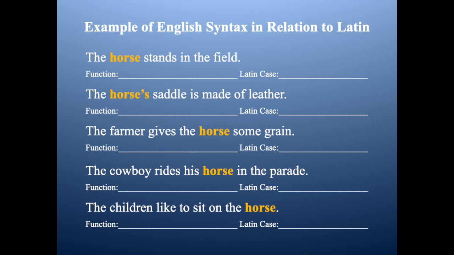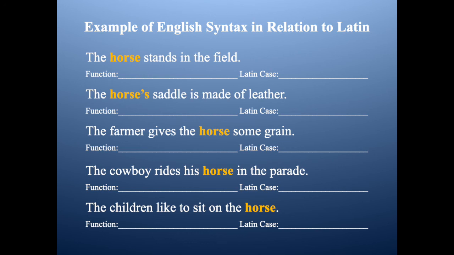If I see equos, I can tell immediately from that word that it is the plural horses and it's the direct object in its sentence. It doesn't need all the other words for context. Context in Latin, there is some, but not as much as in English.